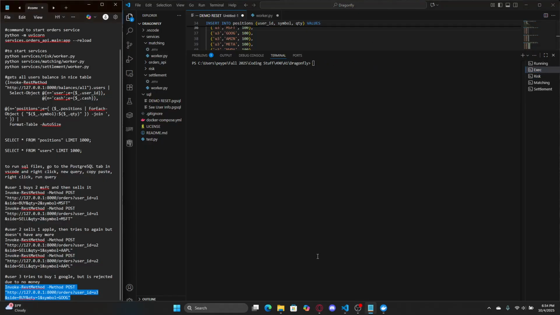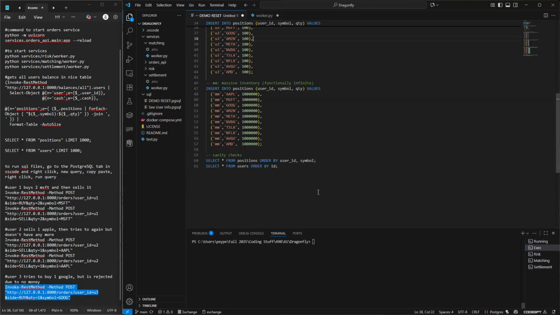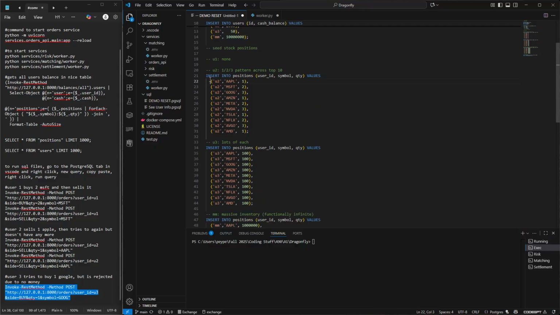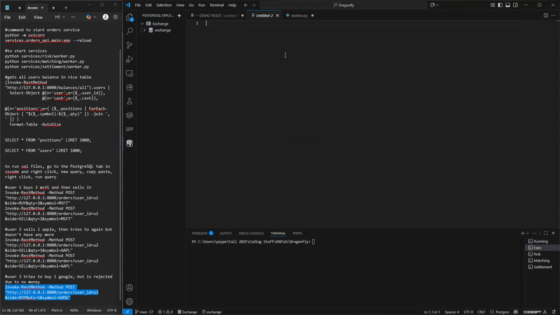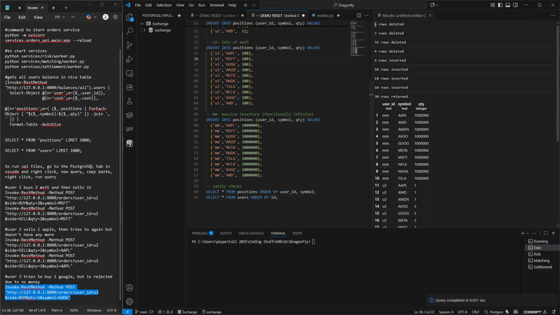And I am going to start out by taking this SQL script that I have. What this will do is essentially establish some users, the market management, as well as give the users some stocks. If we go into the Postgres database and run it, this will wipe out whatever was in the database before. This is just for this demonstration specifically.